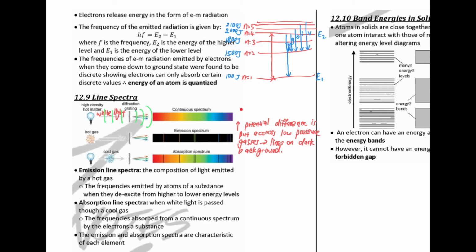Okay, it's just that when they release from different level to n equal to 2, they will form different color. So that's why you can see different color there, and you can see the idea of discrete values here. Discrete value of quantized here.